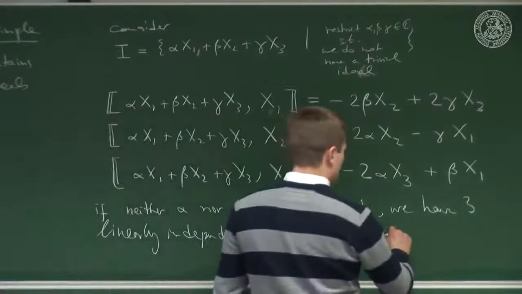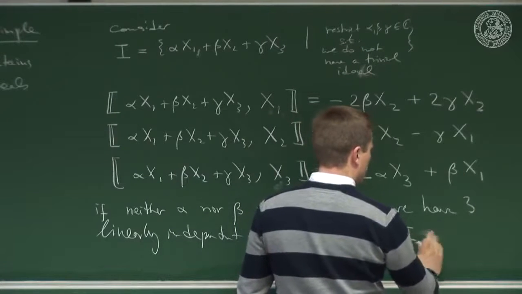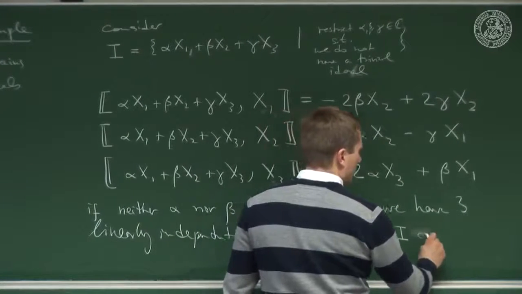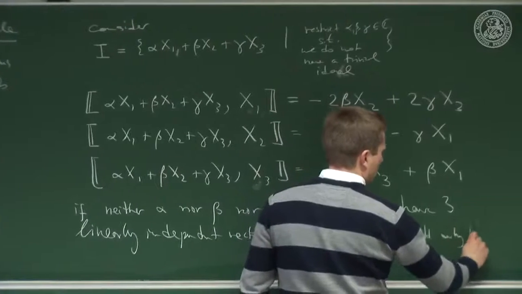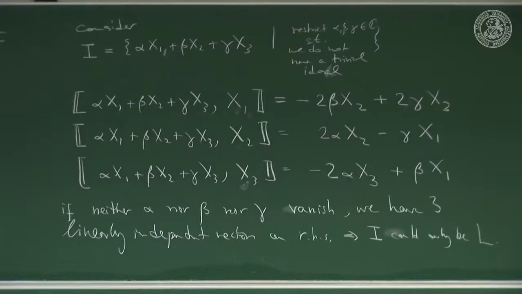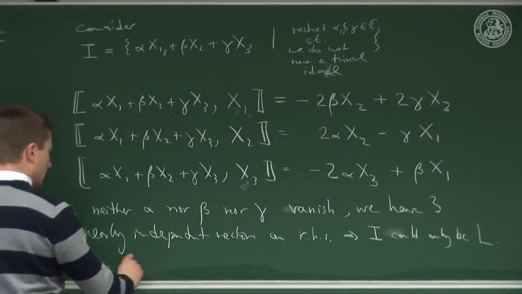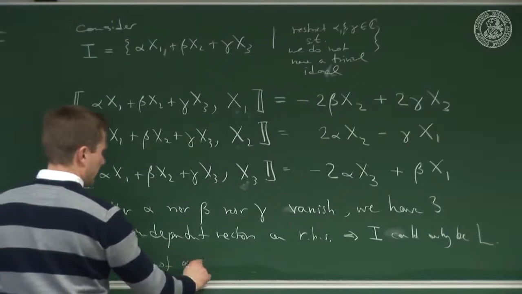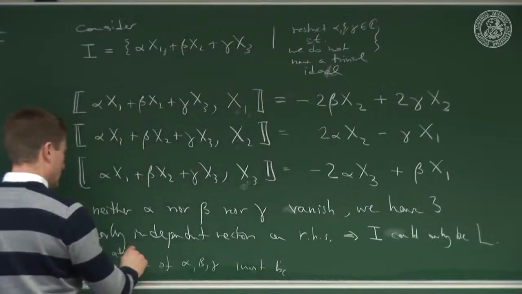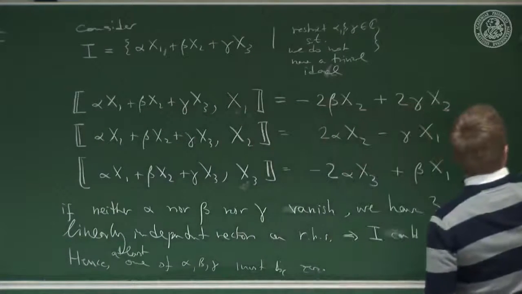But then that means that I could only be all of L. So it'd be a trivial ideal. Now that we don't want, so hence at least one of alpha, beta, gamma must be 0.